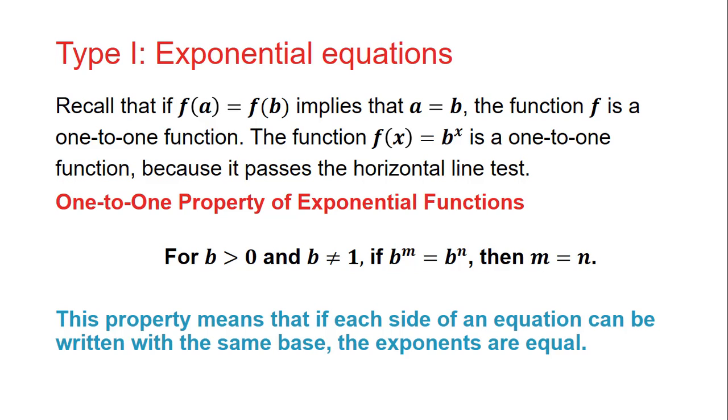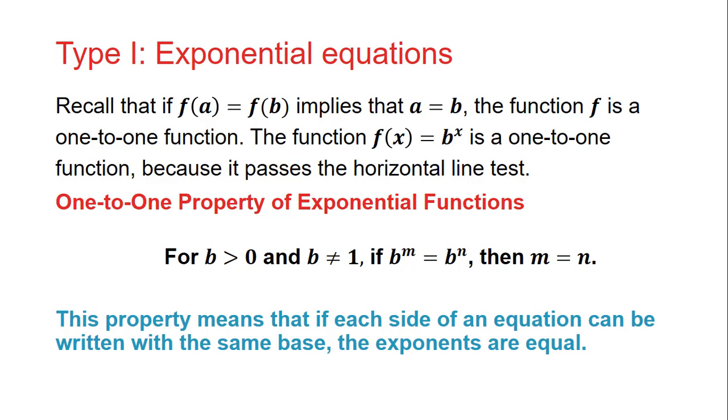In type 1, let's recall first that a one-to-one function means that if f of a equals f of b, then a equals b. Do you remember that? Every x value had to go to a different y value for a function to be one-to-one.